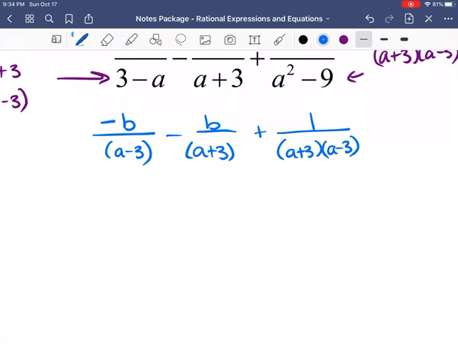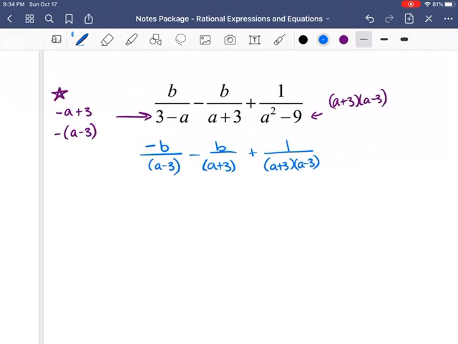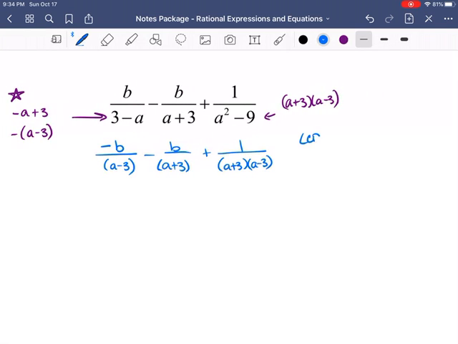So if you can see what's going on, the lowest common denominator is in fact (a plus 3)(a minus 3). That means we need to multiply this one by (a plus 3) and this one by (a minus 3), and the last one is conveniently already in that form, so we don't have to do anything to that one. So let's see what happens here.